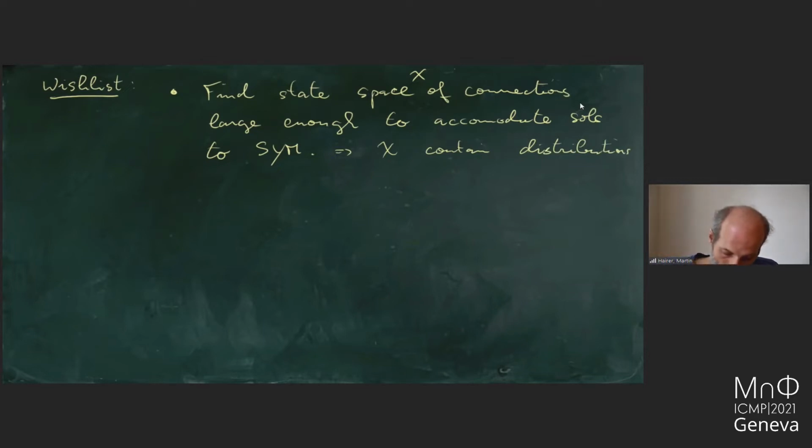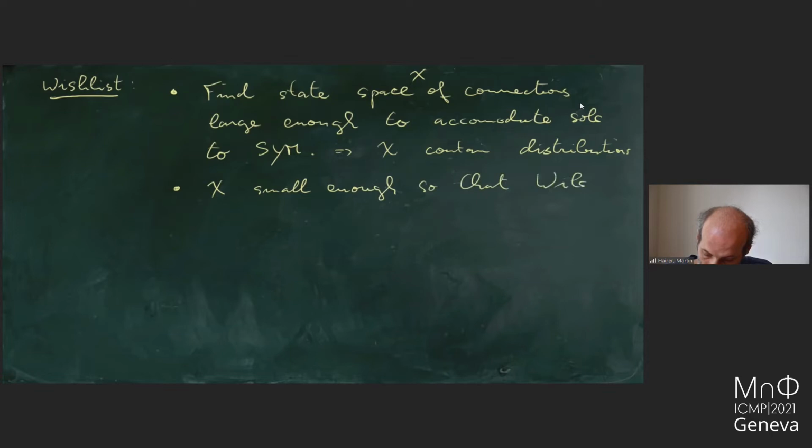Now you want X, on the other hand, to be small enough so that Wilson loop observables make sense. You would want to have some physical observables, and the natural ones are the Wilson loops. If X is too large, if it contains arbitrary distributions, for example, there's no chance of being able to define Wilson loops in a meaningful way.